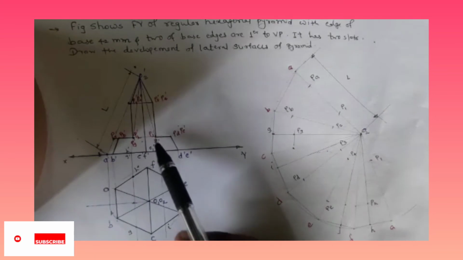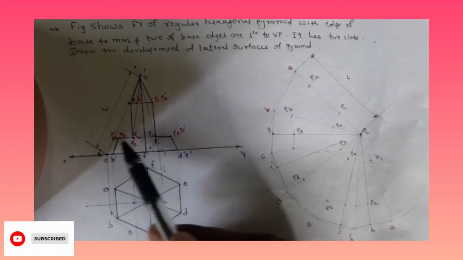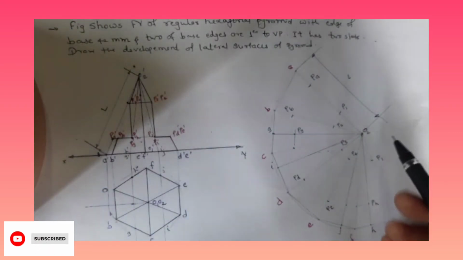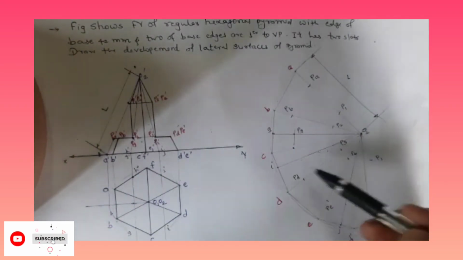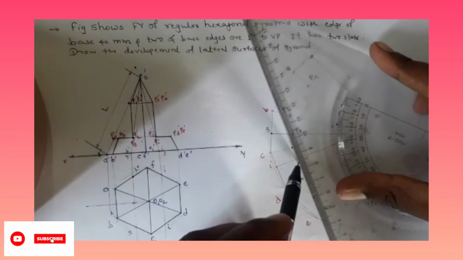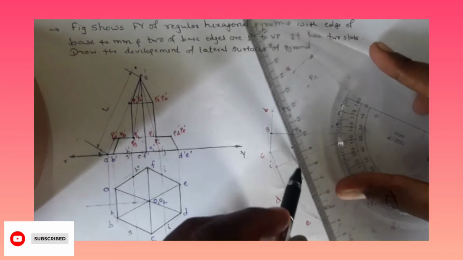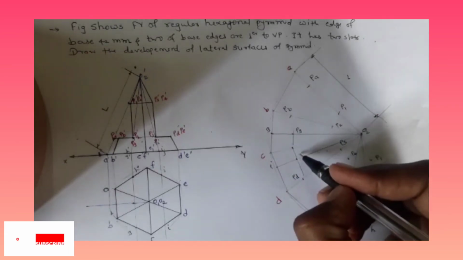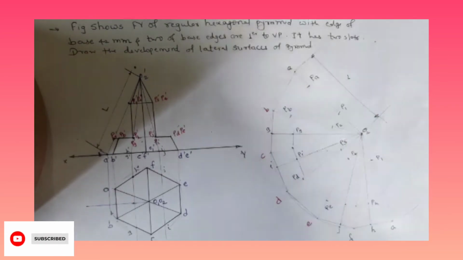Similarly we have to plot the points PI and PJ. These points we are getting here, so take this distance and mark it on this O to C. Here again it will come here only, and through this point you can draw parallel to this CD. Wherever it cuts, here you will get the point PI.